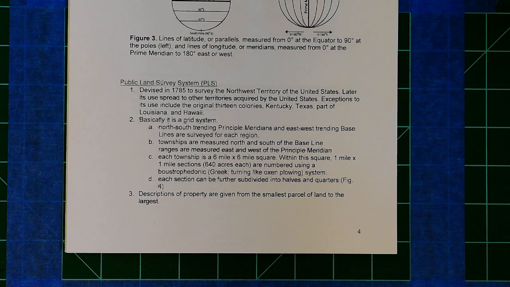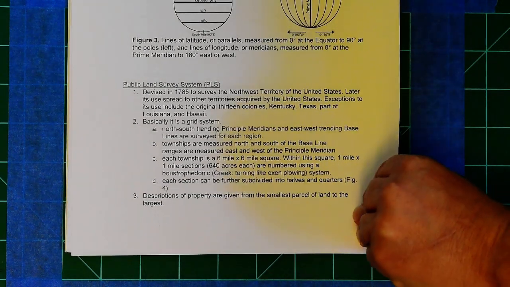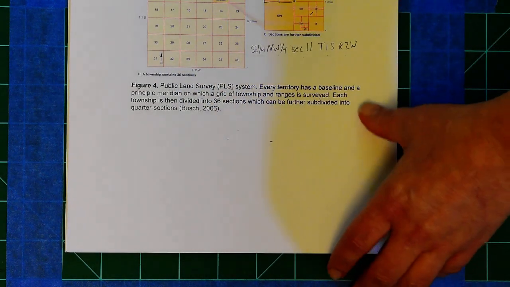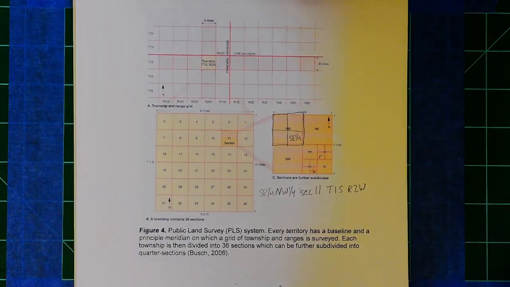It was devised in 1785 to survey the new territories that the United States was acquiring. And basically, they set up this public land survey system as a grid system to measure these different locations. And so let me show you how this ends up working.